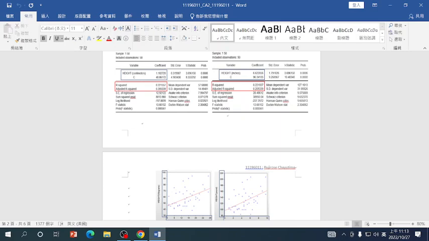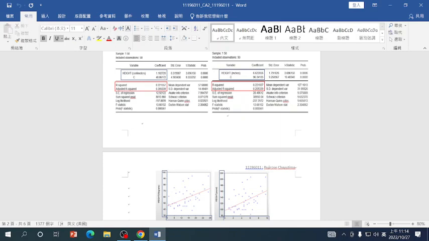So for kilogram per centimeter, if height increases 1 centimeter, the weight will increase 1.1x kilograms. For pounds per inch, if the height increases 1 inch, the weight will increase 6.6x pounds.